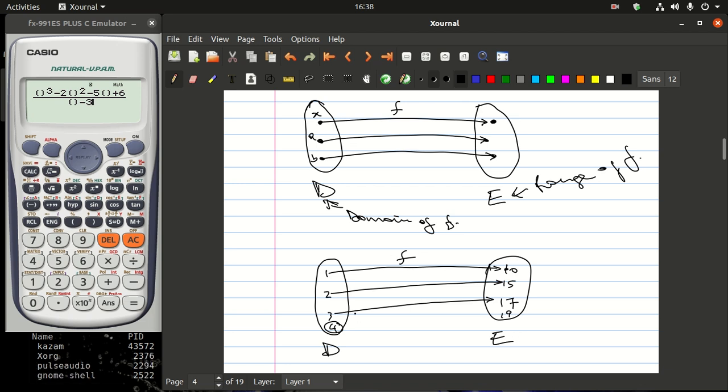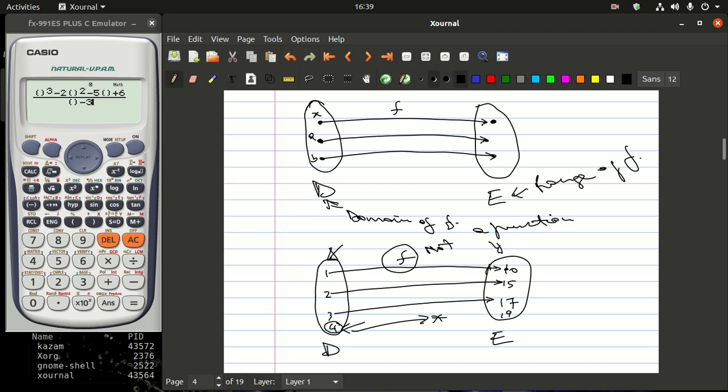Yes or no? The answer is that for this rule to be a function, it must map each element that is here to an element that is there. But if you pick this element 4 here, this 4 is not mapped to anything there. So this is not a function.